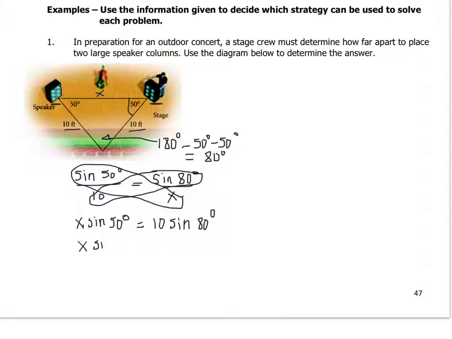So x sine 50 equals 10 times the sine of 80, which is 9.8481 if you round it off to 4 decimal places. Then you want to get x by itself, so you divide both sides by the sine of 50.